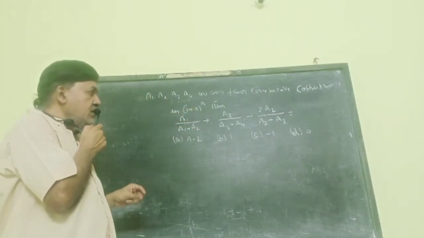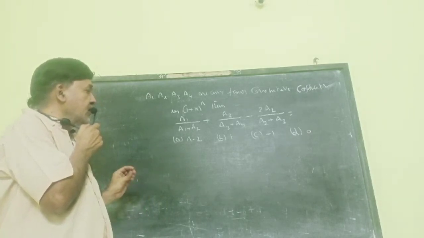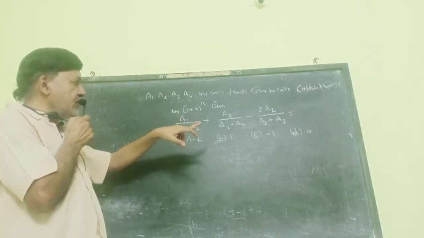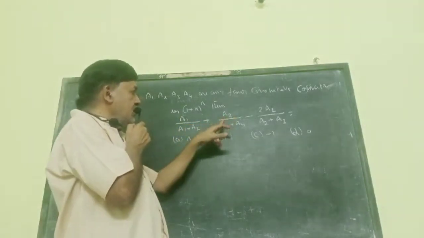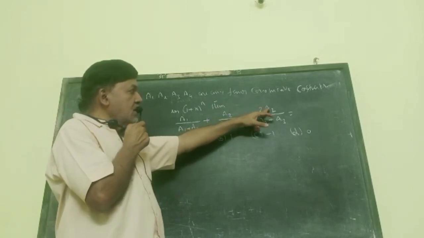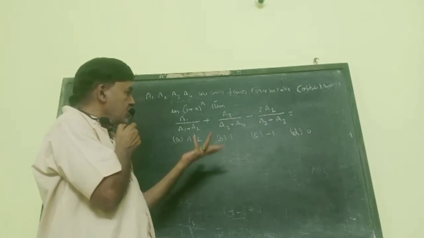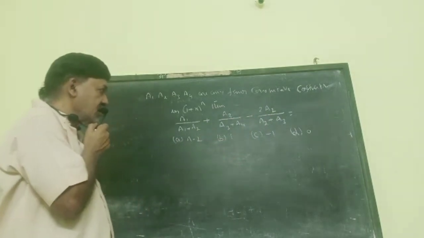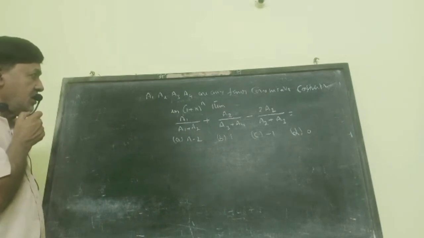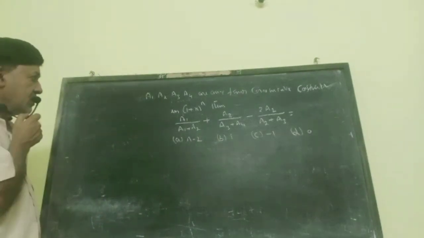Then a1 by a1 plus a2, a3 by a3 plus a4, 2a2 by a2 plus a3: how much is this? This is the question. A1, A2, A3, A4 are any 4 consecutive coefficients. Which of the following is correct?